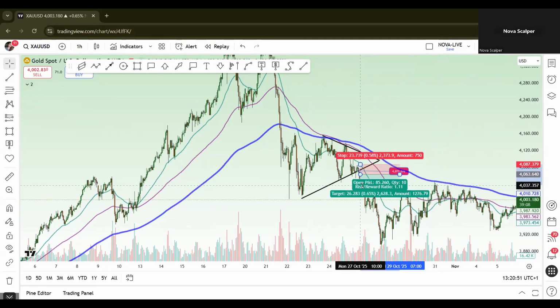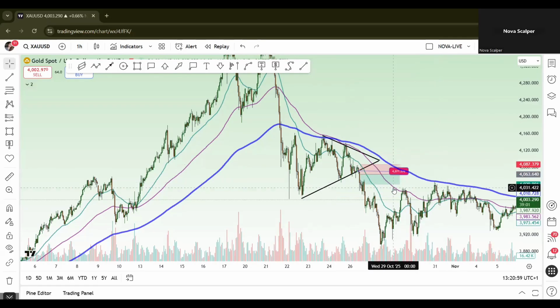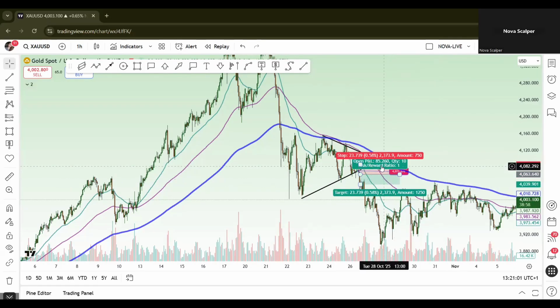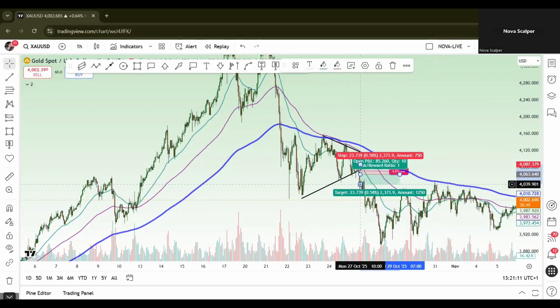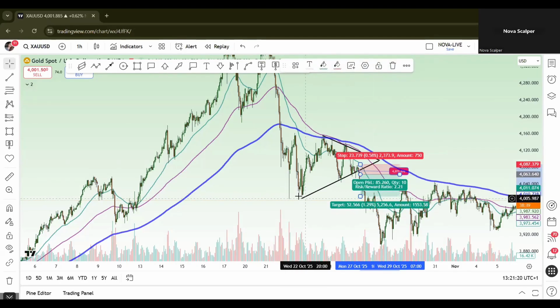Okay, and if we set this take profit at the nearest low, you can see that it is nearly balanced. The risk reward ratio is balanced. And if we hope for a bigger target, you can choose to move this take profit to the next previous low.